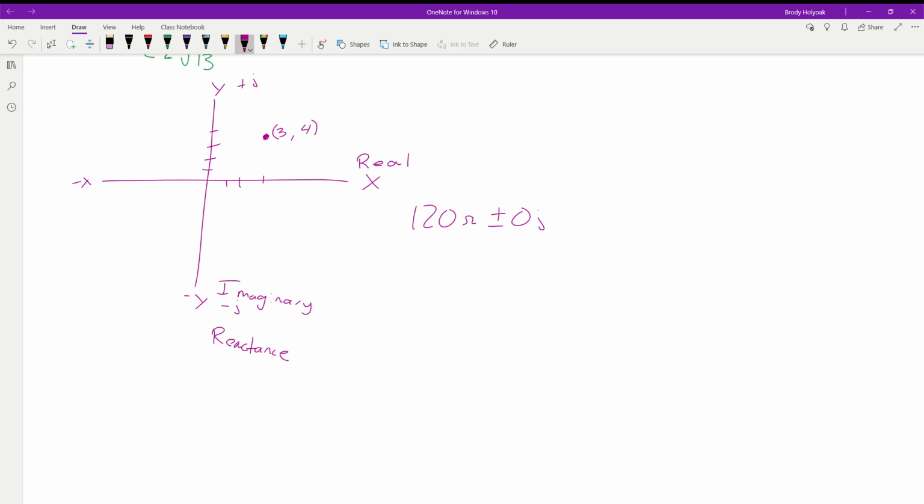We could write that as a point in space as 3, 4. We could also write that as this. So 3, 4 is equal to 3 plus j of 4.